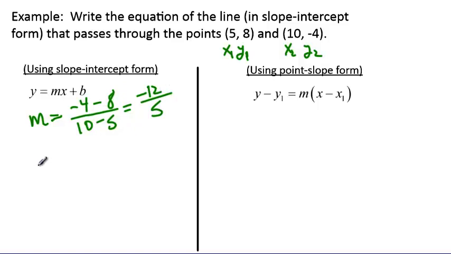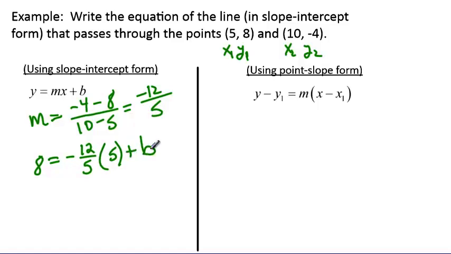So the equation of the line then is found by using this slope that I just found and one of the points. I'm going to use 5, 8. So if I use 5, 8, then the y value is 8. So 8 equals -12/5 times the x, which is 5, plus b.